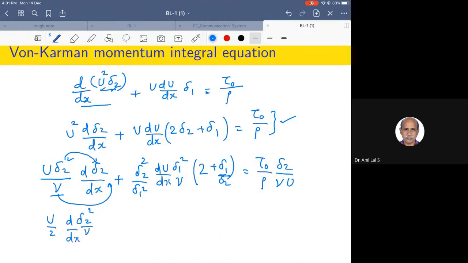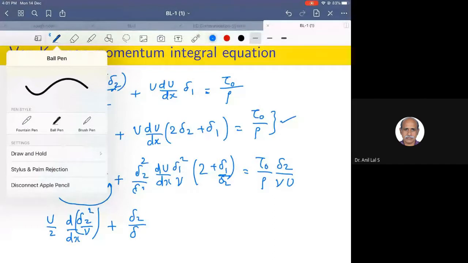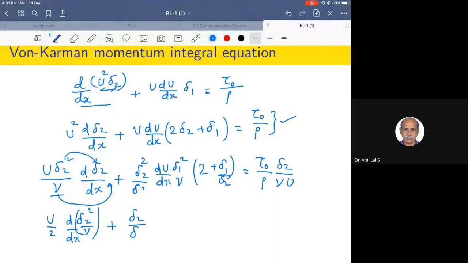plus delta 2 by delta, not delta 1, and this multiplication is with the boundary layer thickness, not the displacement thickness delta 1. So this is also not delta 1 but delta, and this is also with delta.